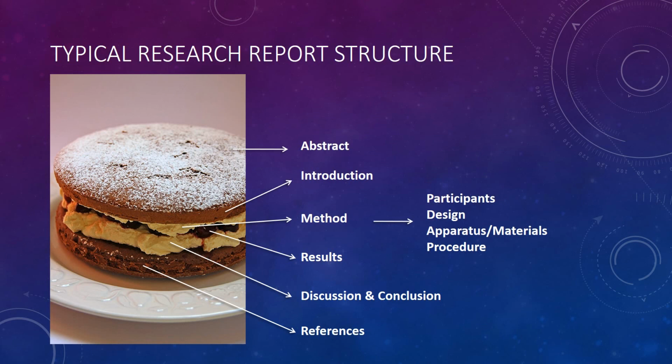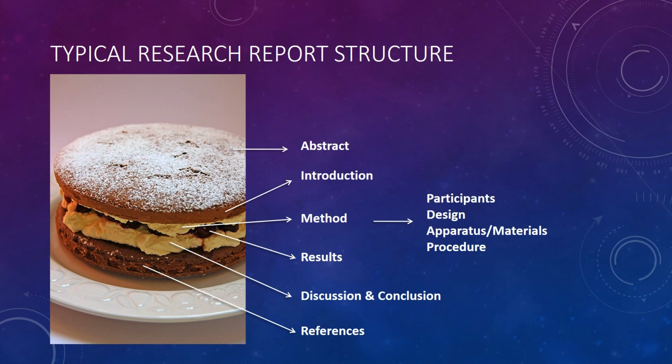After the introduction, you have the methods, which has subsections such as information on the participants used, the design of the study, is it differences, is it correlational, the apparatus and materials used, so if you did a survey, what measures were included in that survey, and then the overall procedure of how it was undertaken.